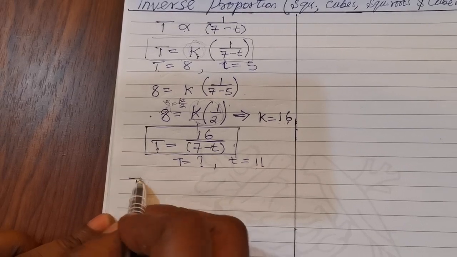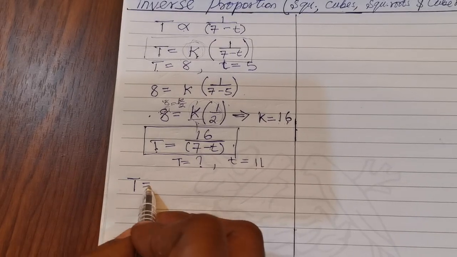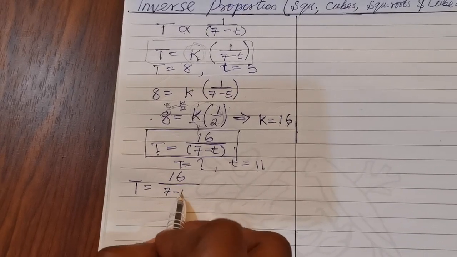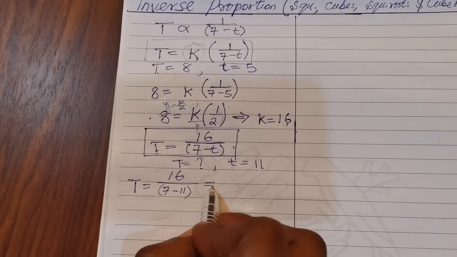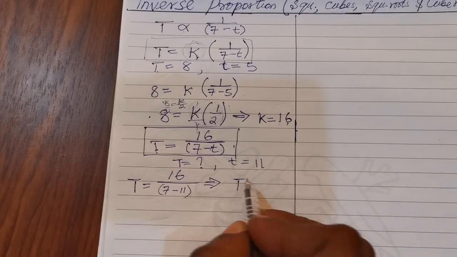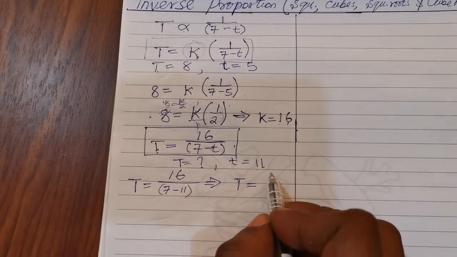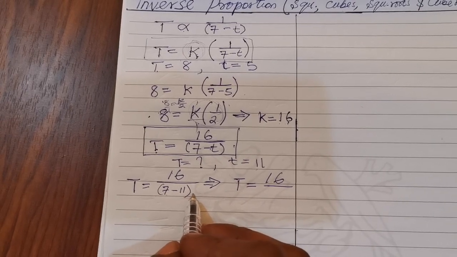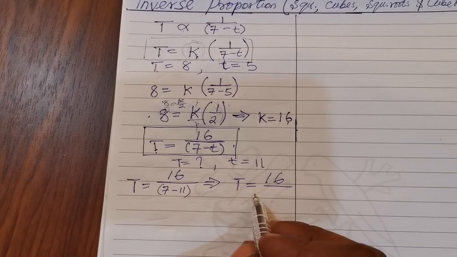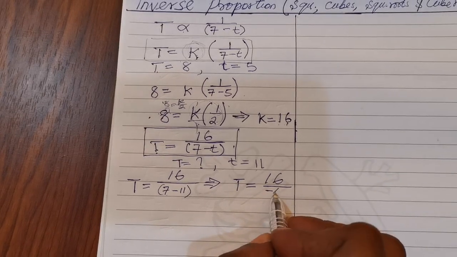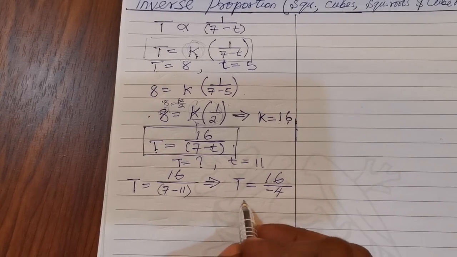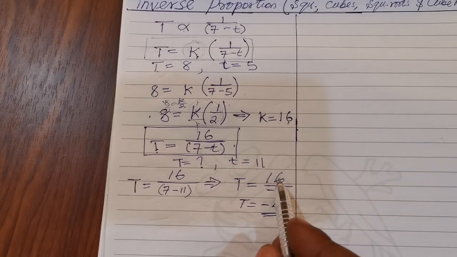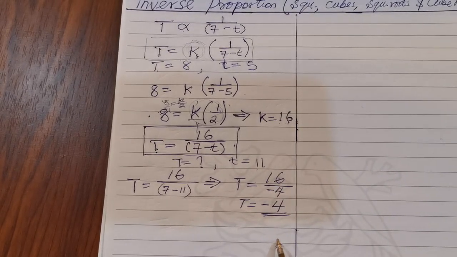So this gives us T is equal to 16 over 7 minus 11, and 7 minus 11 gives us minus 4. So if I divide this, my T will be minus 4. That's 16 divided by minus 4 is minus 4.